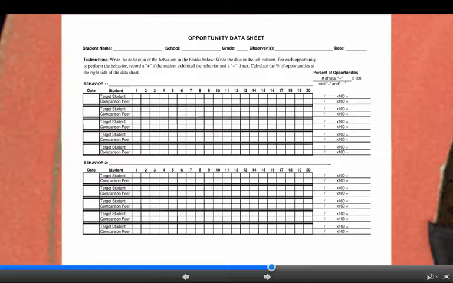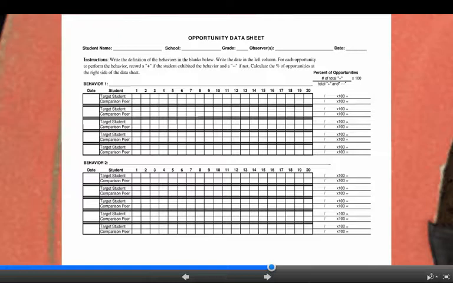So during the 1 hour that I do my observation, I notice that the teacher, a science teacher, posed 10 questions during that 1 hour interval. So every student in that classroom had the opportunity to raise their hand. And maybe that's what I'm looking for, participation taking the form of hand raising.